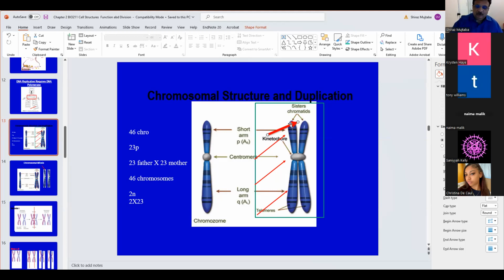One set is coming from the father, one set from the mother. Males have 24 different chromosomes, and females have 23. These are some of the facts that I want you to keep in mind when we start cell division tomorrow.